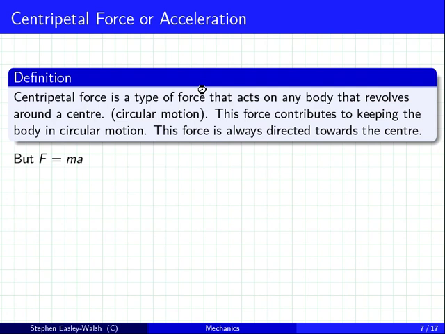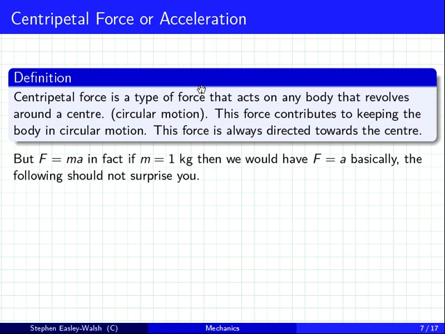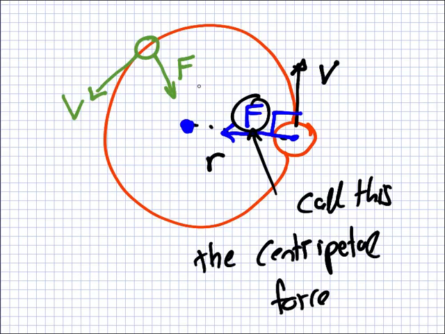And we know that F equals ma. For example, if m is 1 kilogram, then basically F is A. The following should not surprise you. Which direction is the acceleration in this picture? The acceleration is also here. Because remember, F equals ma, and both of these are vectors. So wherever the F points, the A points too. Another example, this is the weight. Which direction is the acceleration?